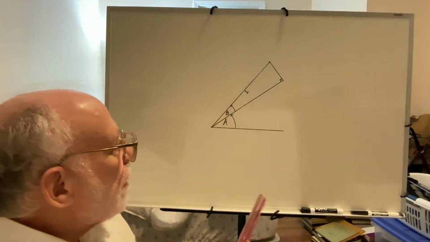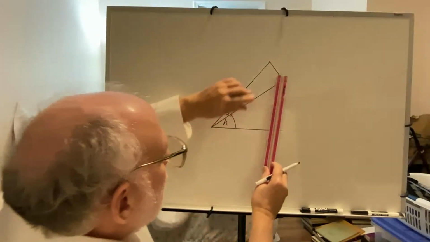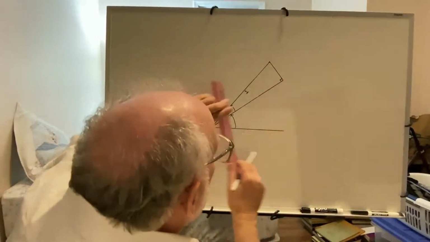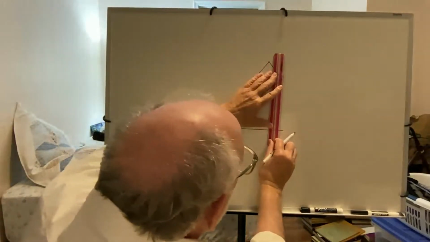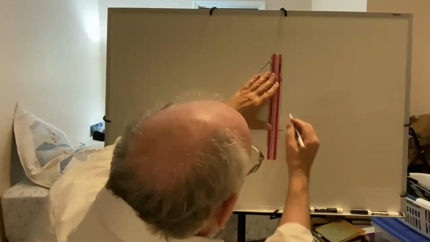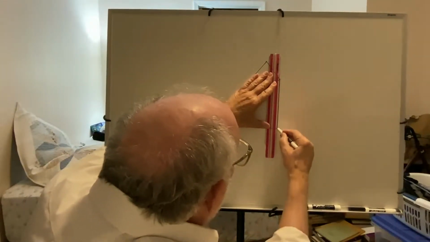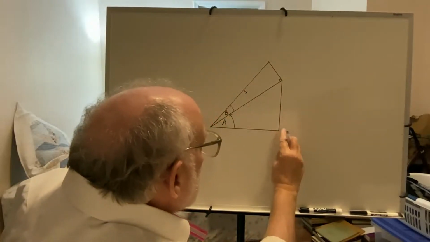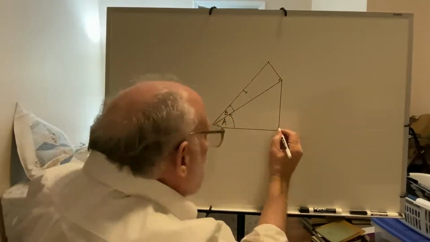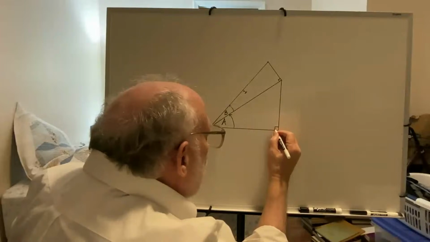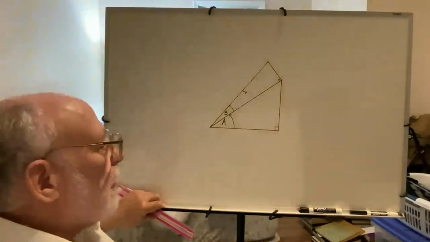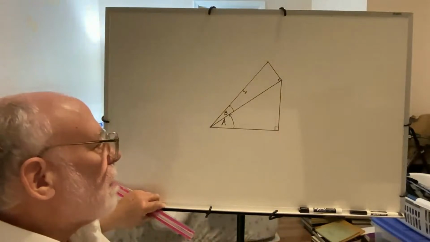Now we're going to drop another perpendicular from this vertex to the base. And this box goes here. A box indicates a right angle, and the box is between the legs.